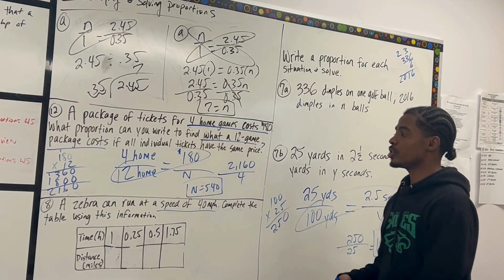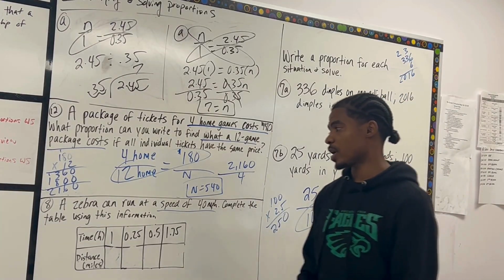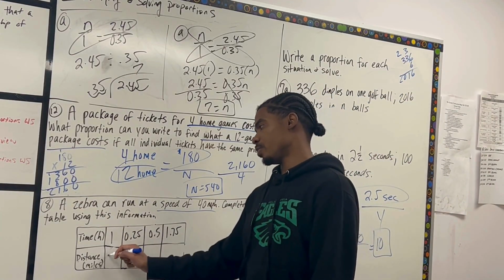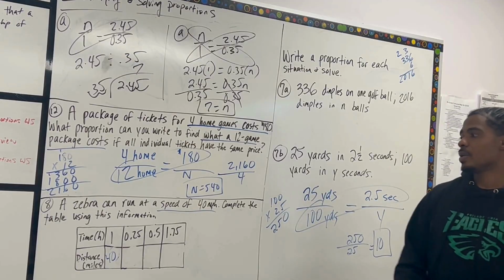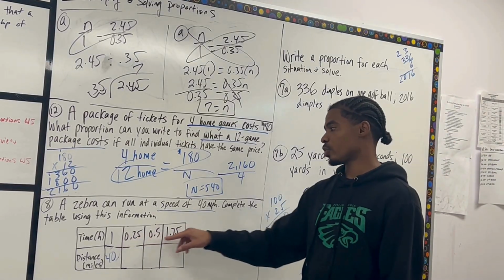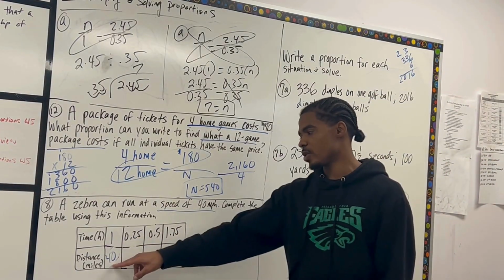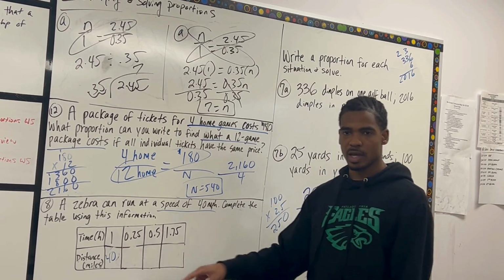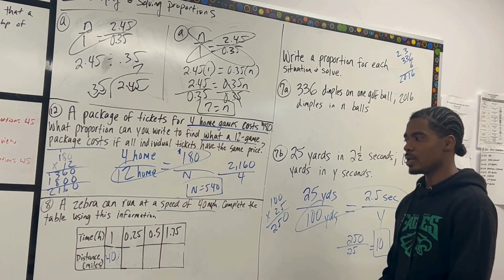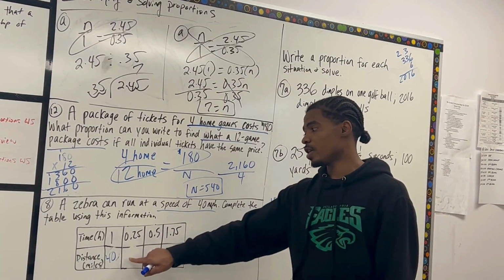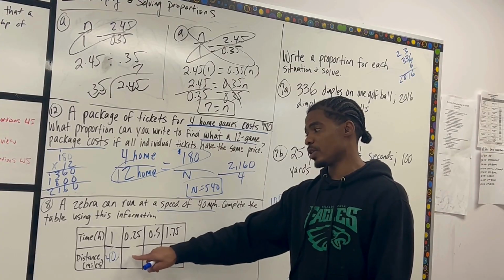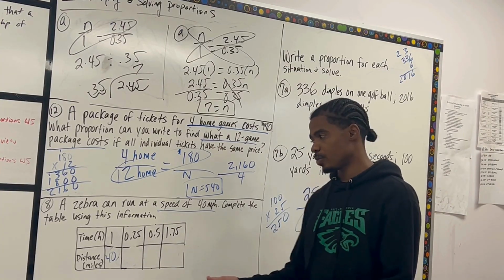Speed of 40 miles per hour. Hour would be 40. Now, this does not go in increments of 1, 2, 3, 4, 5. So I can't just say 40, 80, 120. You can't do that. So remember, if I'm trying to figure out what that would give me for 25 hundredths of an hour, I can set up a proportion.